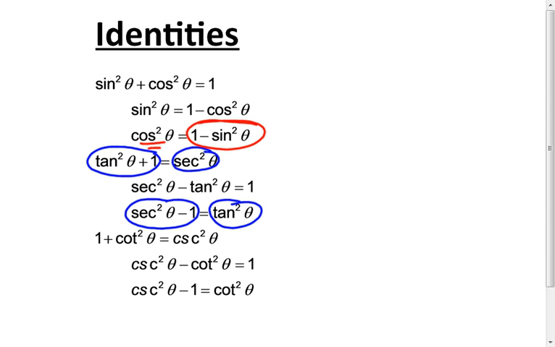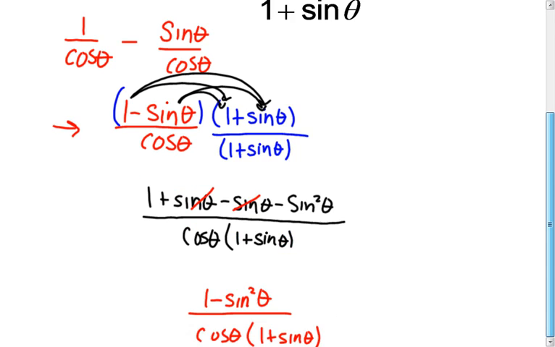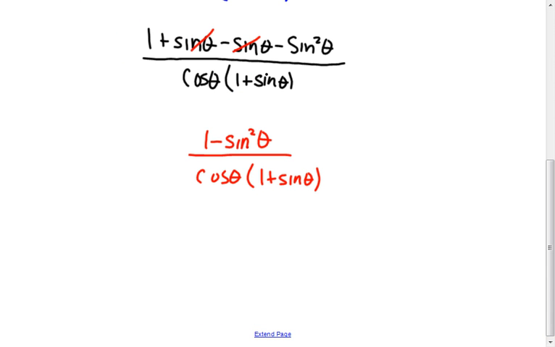When you have squares in your equation, you're often going to have to use identities. You usually will use identities or factor, one or the other. Anyways, 1 minus sine squared, this quantity right here, can be replaced with cosine squared. I'm going to do it down here so that we have it neater.